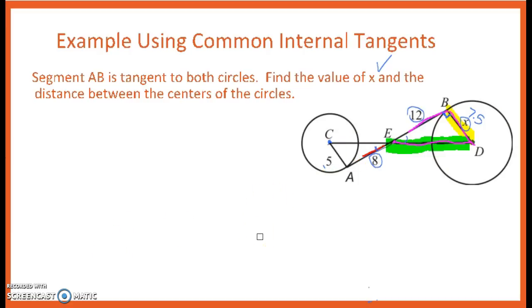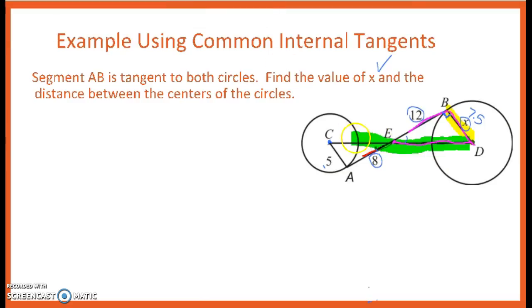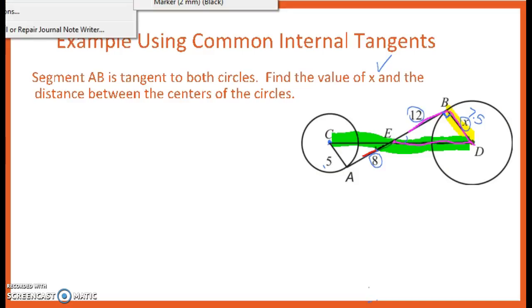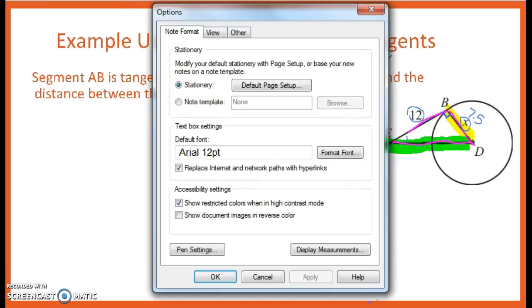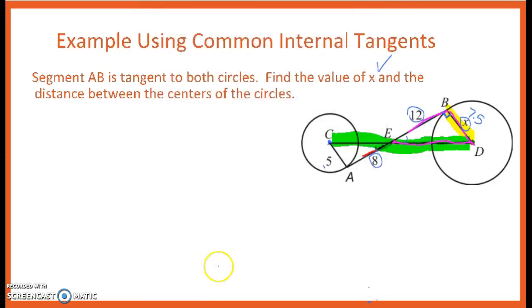So remember, my goal is to find the distance between the centers of the circles. So that's going to be segment D to C. And I just need to use the Pythagorean theorem with each one of these triangles. So I know that the first triangle in red, I can solve for. I have this right angle here.